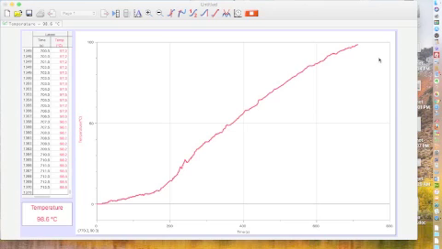Water is just beginning to boil. It's not a rolling boil yet, but it's boiling in places. A rolling boil would be where you've got bubbles all over the pan and steam is rolling out of it. It hasn't quite reached that point.